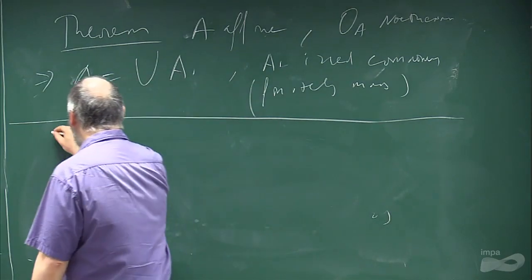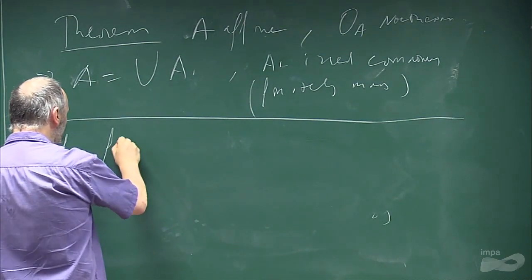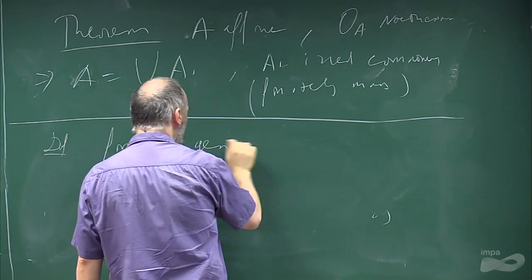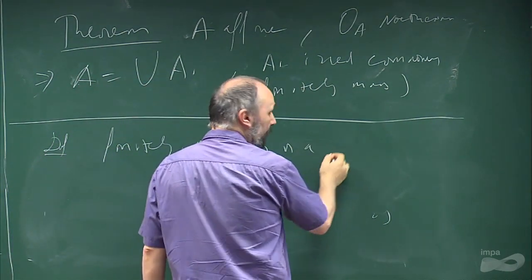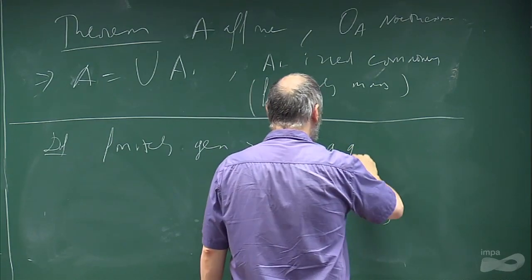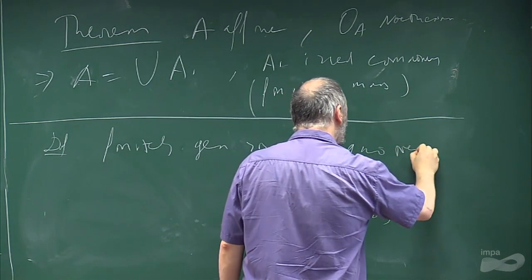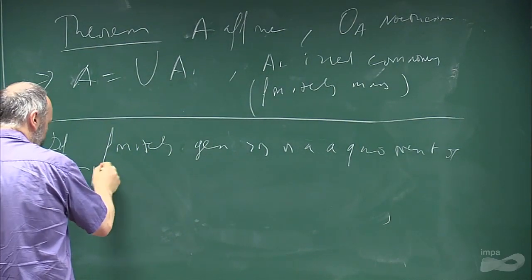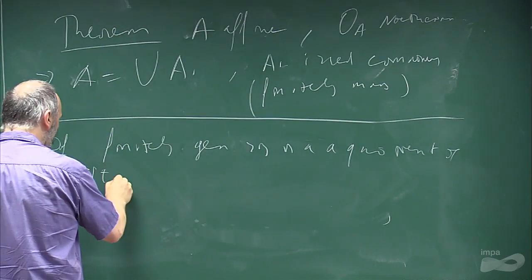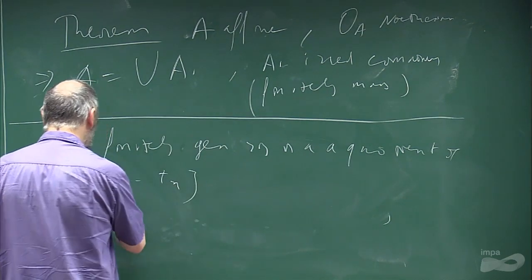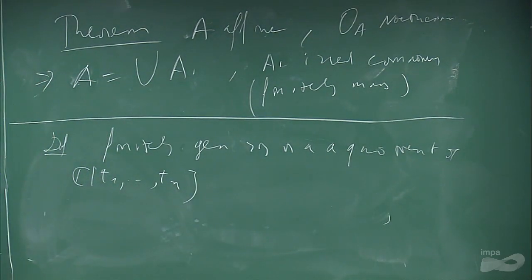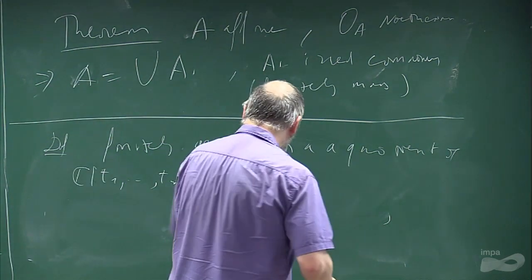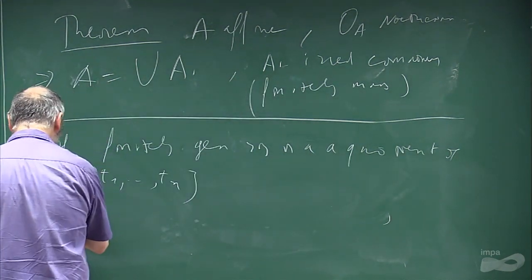So definition: a finitely generated ring is a quotient of a polynomial ring over C or some field or even Z, in T1, ..., Tn. So these are generators, and then you have some relations.